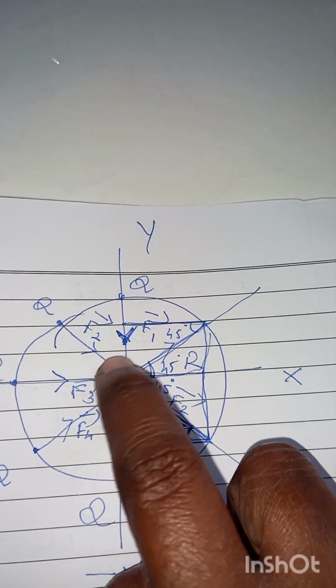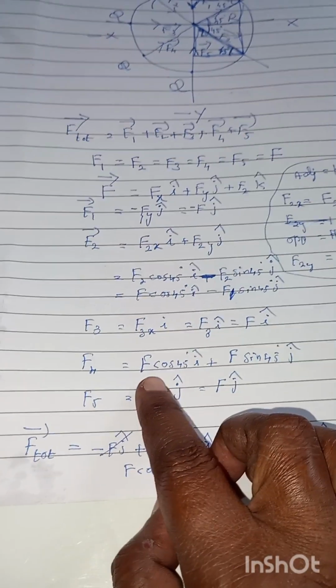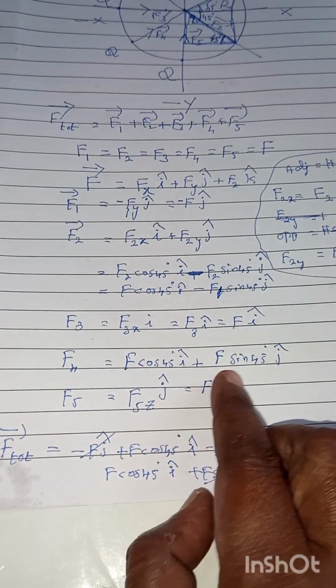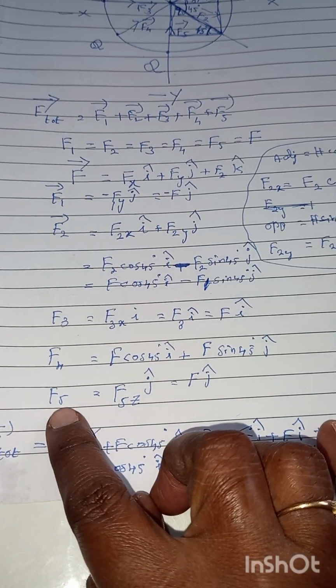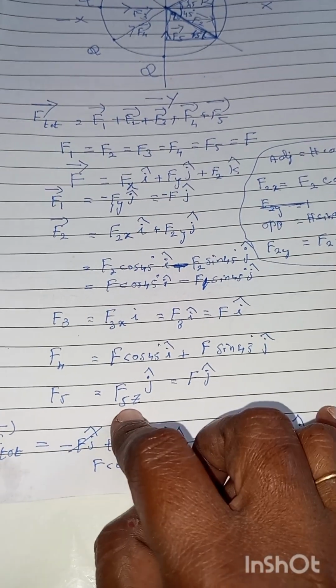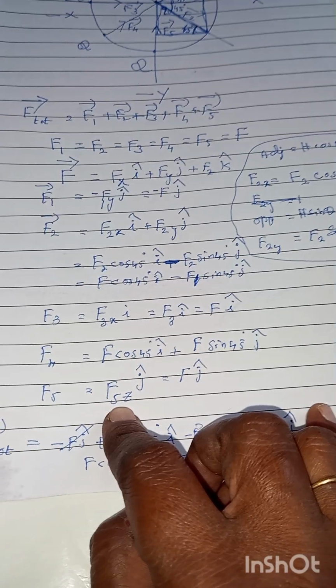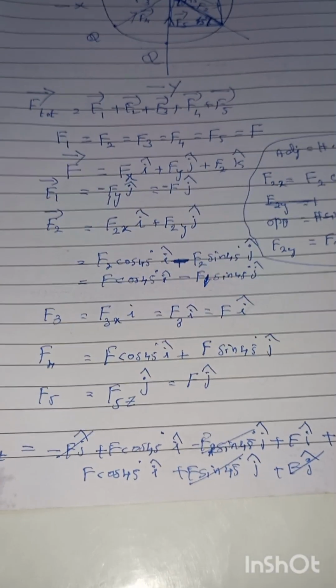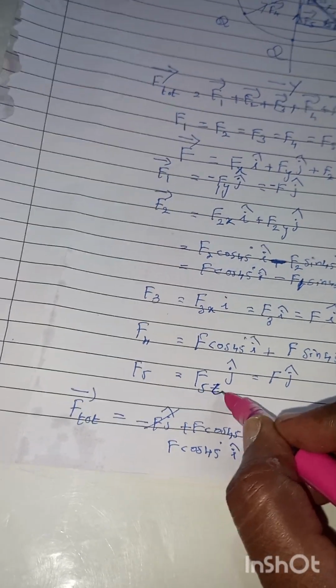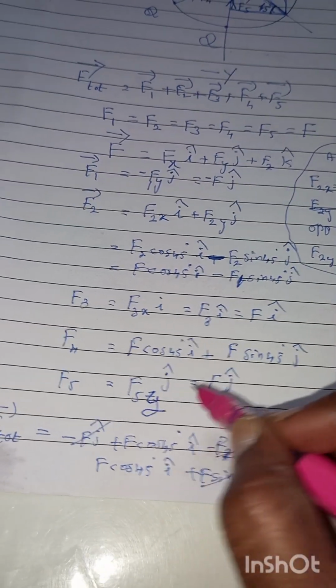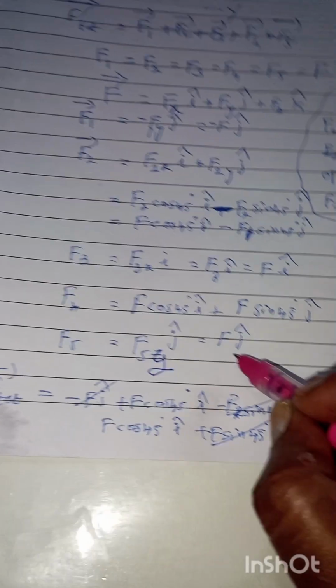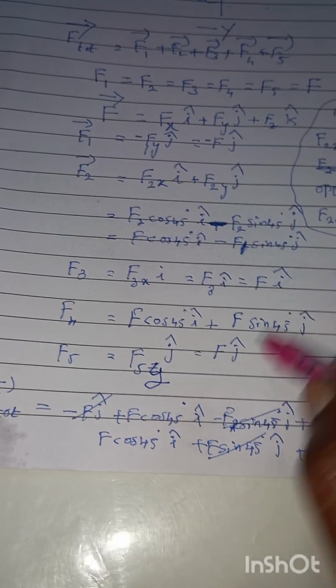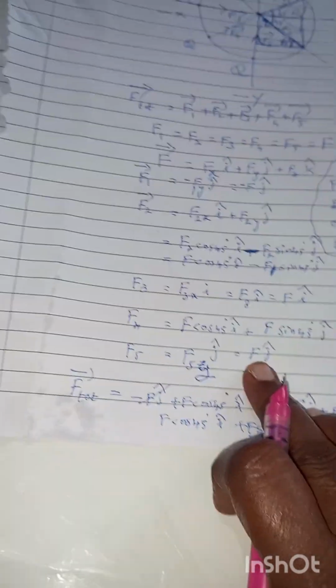The adjacent and opposite sides are calculated, and they are found to be F cos 45 i plus F sin 45 into j. And F5 has only a y component, that is F5y into j cap. F5y is nothing but F into j cap. F5 takes place along the positive y-axis, so here we have a positive sign.